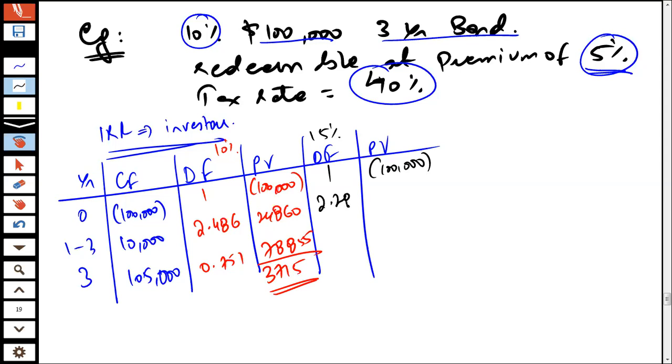The annuity factor is 2.283 and the discount factor is 0.657. 10,000 is the interest. I've used the annuity factor. This 10,000 is actually the interest, because from time period 1 till time period 3, every year the investor would get interest.